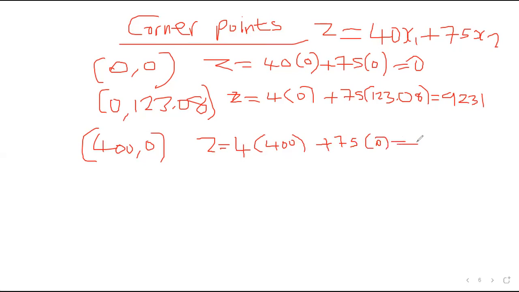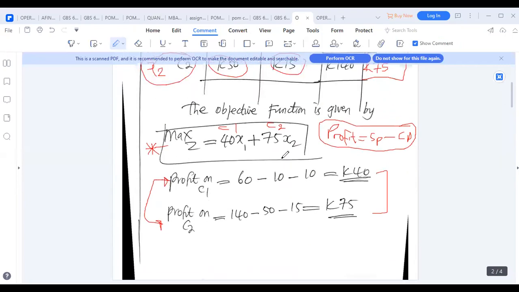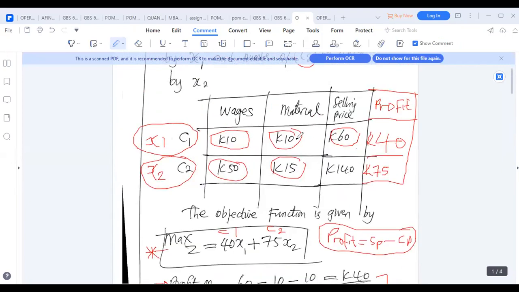So this one gives us 400 times 4 is 1,600. Now we can choose the one where we have the maximum possible value. Our objective function came from this information, where we are just sorting out the selling price minus the cost.